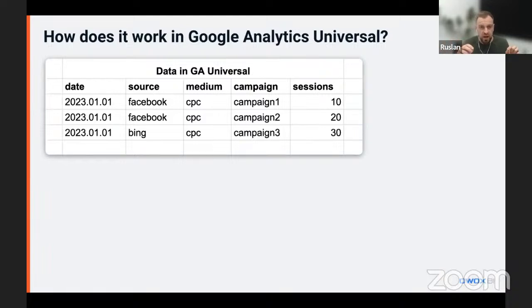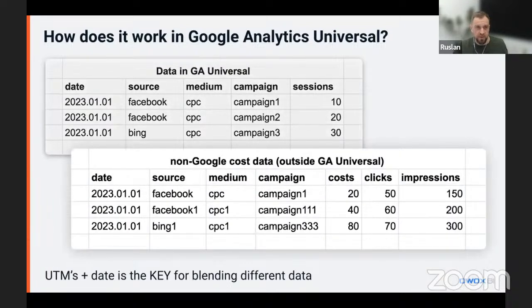This table helps us understand where your users are coming from and how many users visit your platform. But you also want to know how much it costs for you to attract these users, what the ROI is, and so on. GA doesn't know anything about this data, so you need to import it separately.